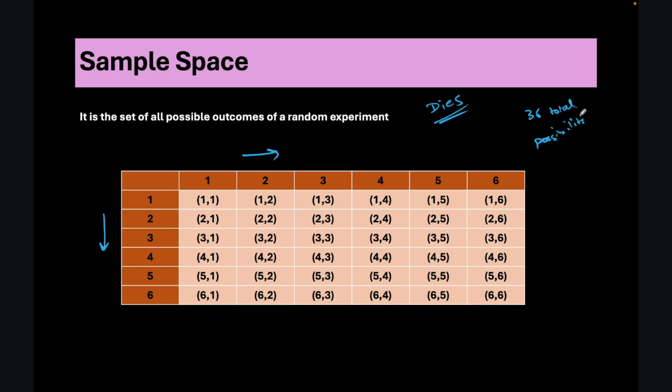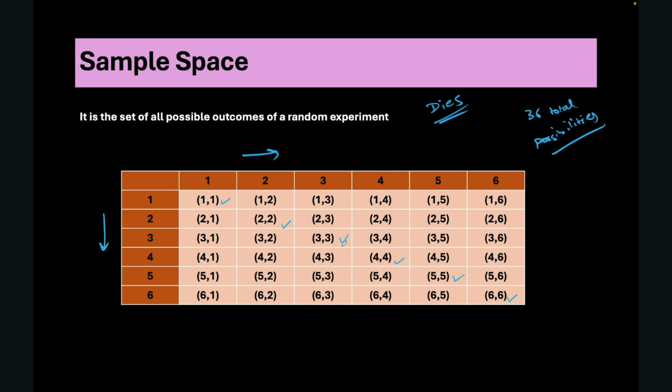Now, if you want to create hypothetical situations out of here, well, we can do that. That's not that difficult. Let's say we want to figure out what is the probability that we'll be getting the same number on both dice. Well, we can see right here, this is 1, 2, 3, 4, 5, and 6.